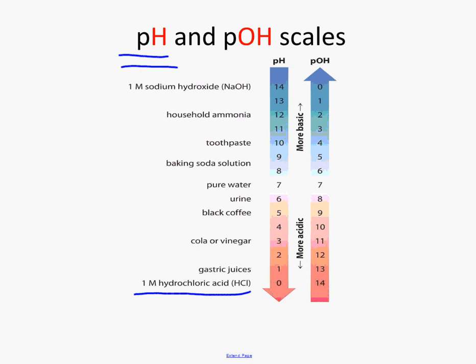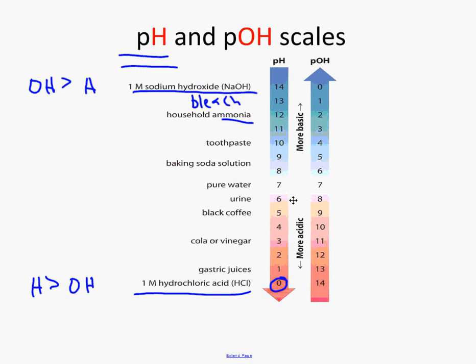The pH is going to be closer to 0. Whereas a really strong base, where there's very little hydrogen, lots of hydroxide, like sodium hydroxide or ammonia, or bleach is going to be up here someplace. Okay? And so that's how we use the pH scale.